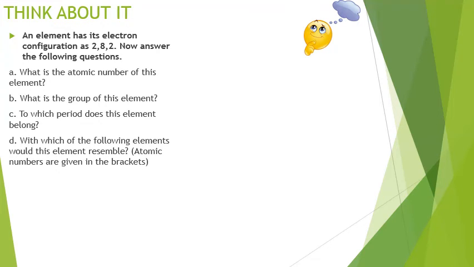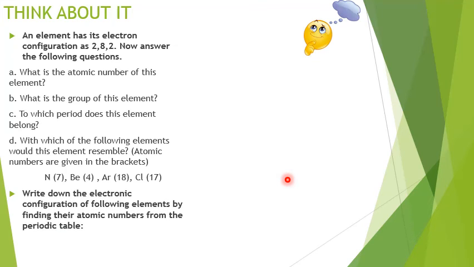With which of the following elements would this element resemble? Atomic numbers are given in the brackets. See here, these elements you have to see, and you have to find out to which element these elements must belong. I will be giving an image of the modern periodic table here.